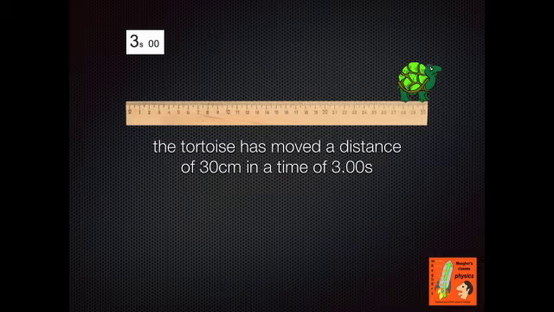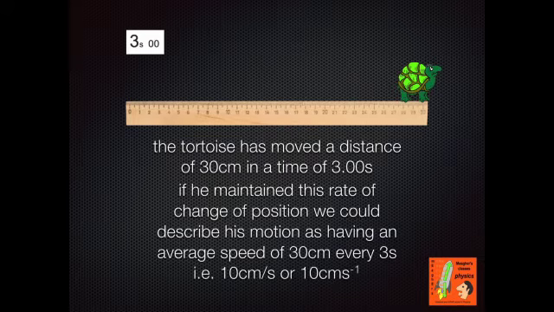30 centimetres is equivalent to 0.3 of a metre, and I don't know if you noticed, he started off faster and then maintained a reasonably constant velocity and then slowed down and came to a stop. So it's not the same speed all the way along, but if he did maintain that rate of change of position, we could describe his motion as having an average speed of 30 centimetres every 3 seconds, and then that could be expressed as 10 centimetres every second, or 0.1 of a metre every second.